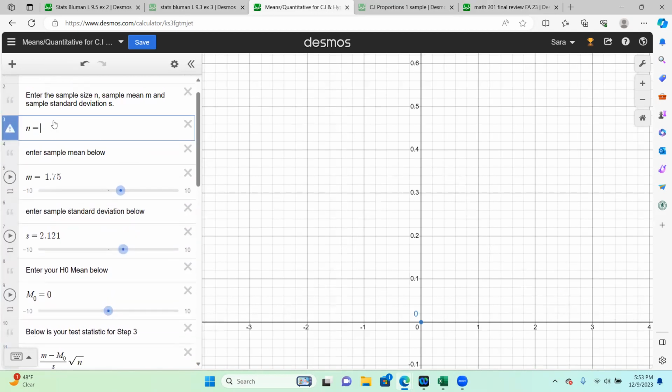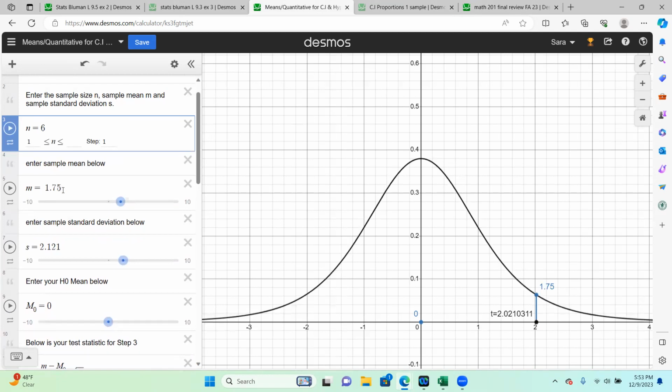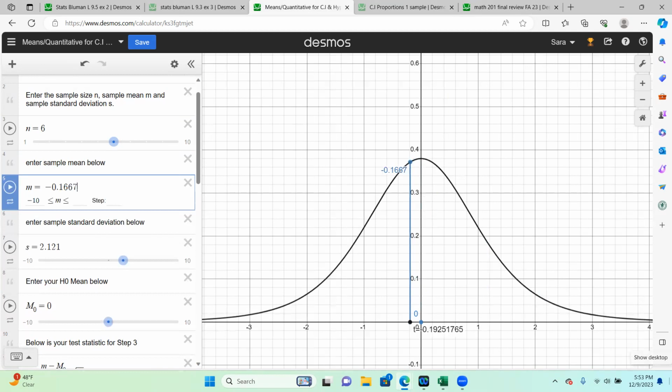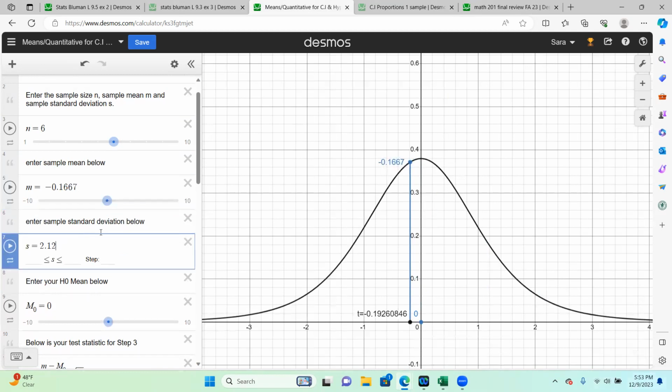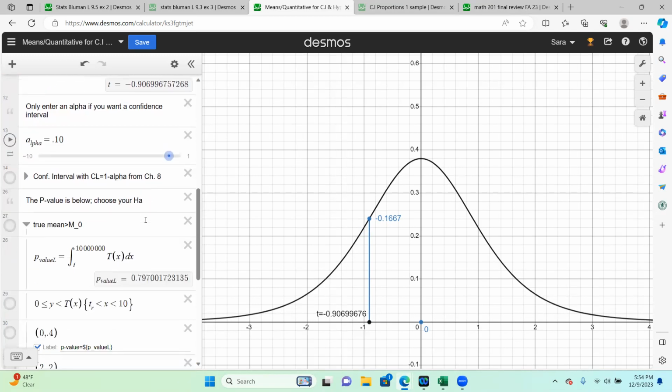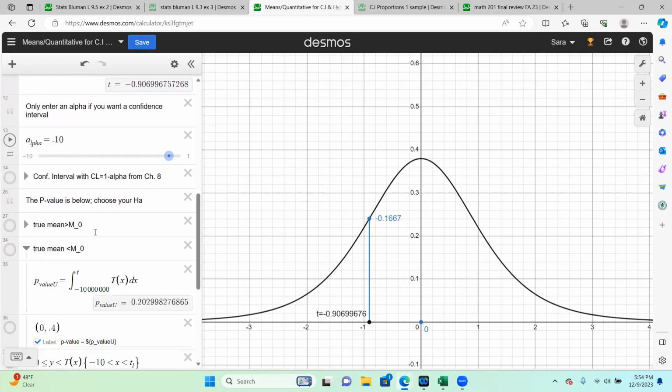So we had 6 in our sample. The mean is a negative 0.1667. Standard deviation. And that's validating our test statistic, pretty close to what we calculated. I'm off by 3 thousandths, but that's okay because of rounding. And then this was a left-tailed test.